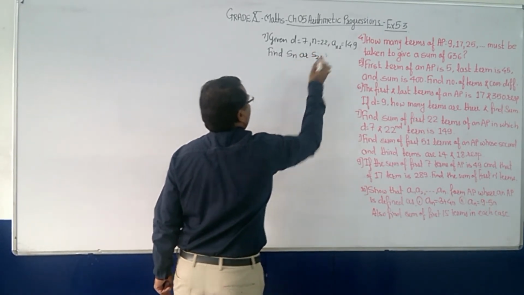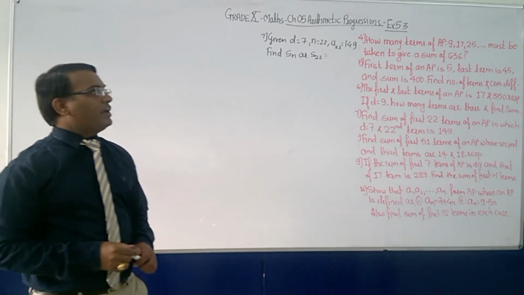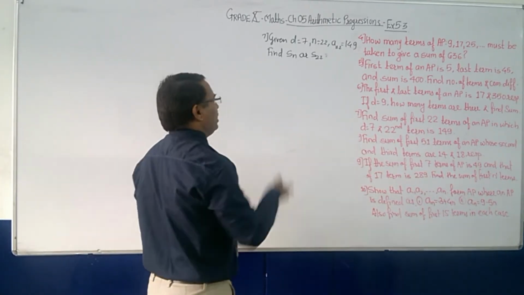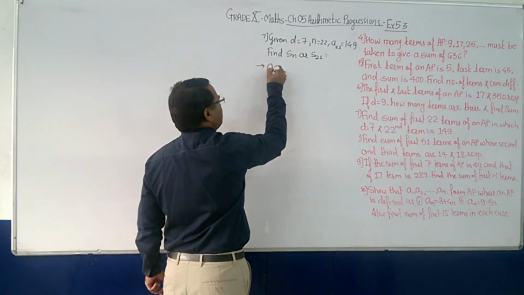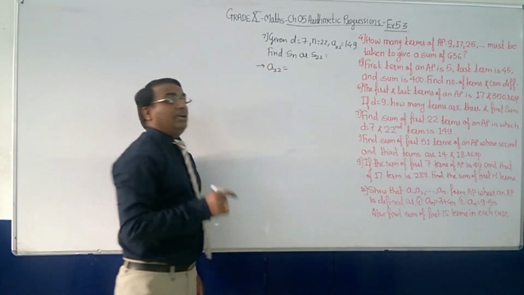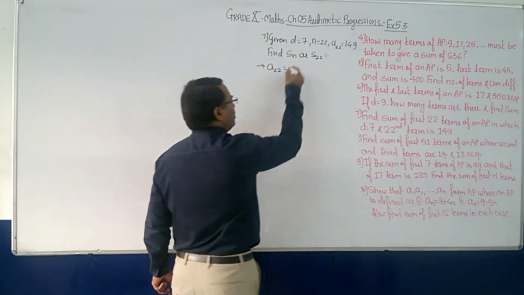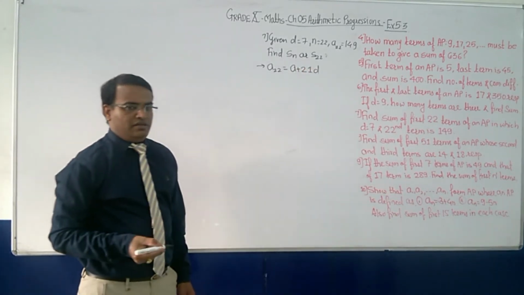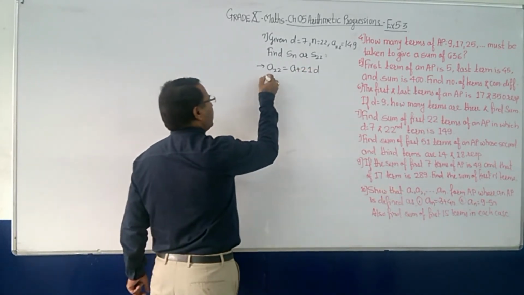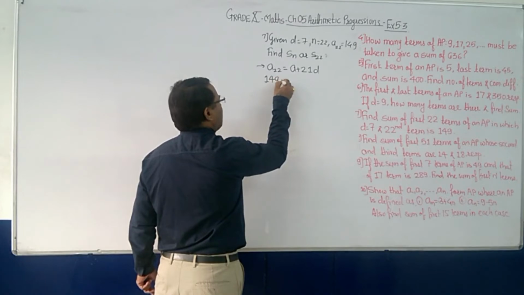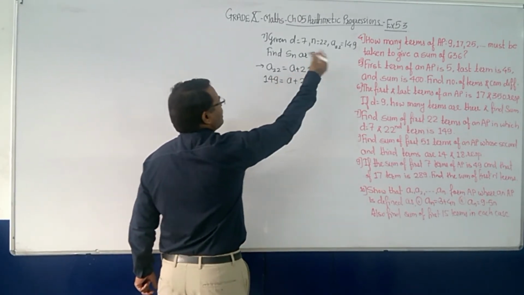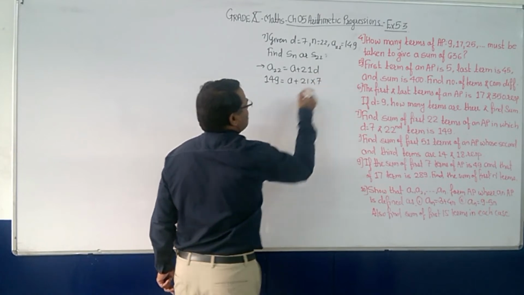Or S22. Now if you want to find out S22, you should know the first term. And how to get the first term? Since a22 is given, a22 can be written in the form a plus 21d. What is a22? 149. What is a? We have to find out. 21 into d, and d is equal to 7.